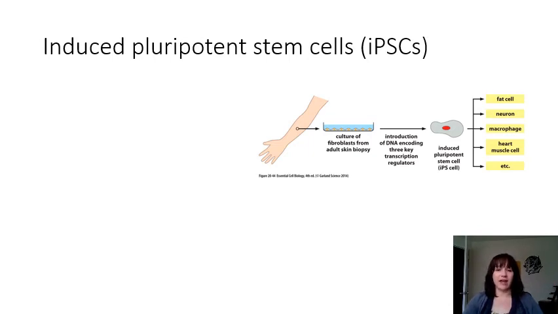And so just like that, scientists were able to identify 3 key transcription factors for inducing any type of mature differentiated cell into this pluripotent state. It's not of embryonic origin, so it's not called an embryonic stem cell, but it is pluripotent, and it's a cell that's been induced to become pluripotent, hence its name.